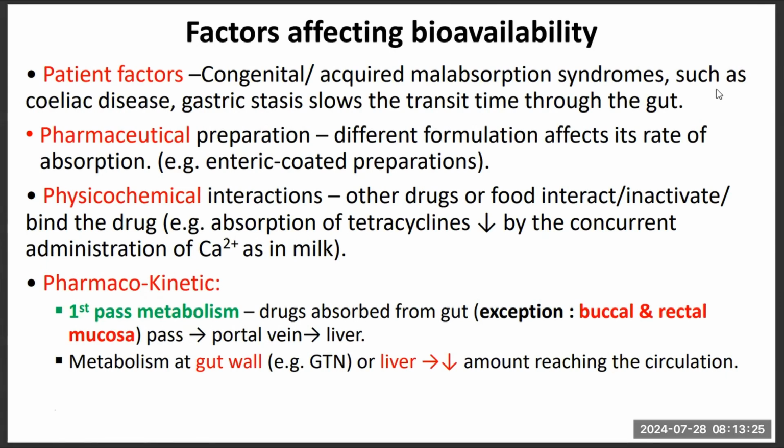Patient factor you classify as physiological and pathological. Physiological is easy: age, sex, body habitus. And then pathology, you can just say something. Then drug factor: pharmaceutical, pharmacokinetic, ADME, pharmacodynamics. This is settled already. Everything is the same. Okay, we don't have to waste time.